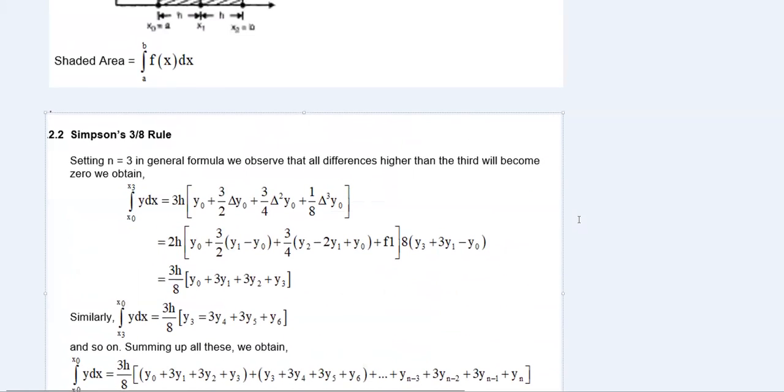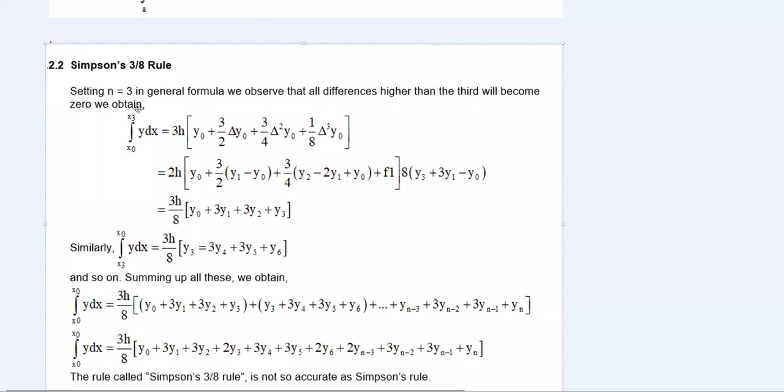This is Simpson's 3/8 rule. We obtain it by setting n equal to 3. When we substitute n equal to 3, we get this expression.